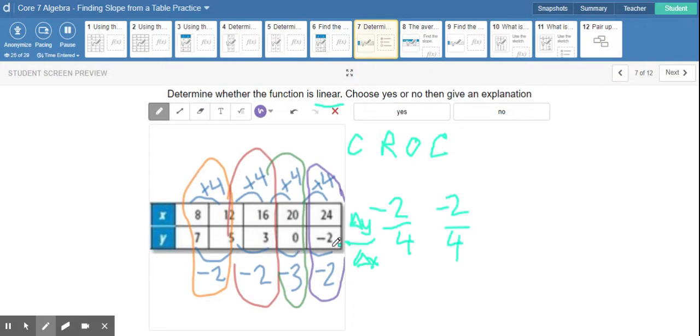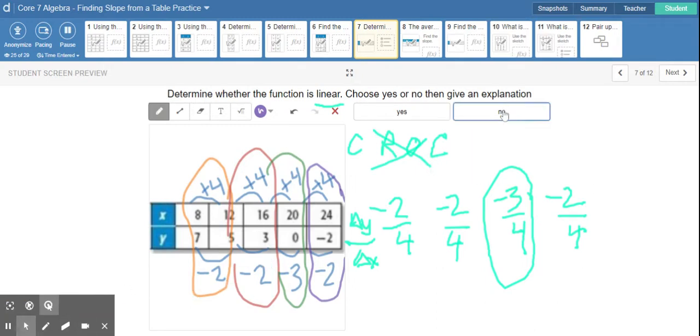The third time it was negative 3 over positive 4. And the fourth time it was negative 2 over positive 4. So they're almost the same. It's almost a constant rate of change, except for this one. This one is different, which makes it not a constant rate of change. So I can say no, it is not a constant rate of change. So I'm going to choose no up here, and then it's going to ask me to explain.